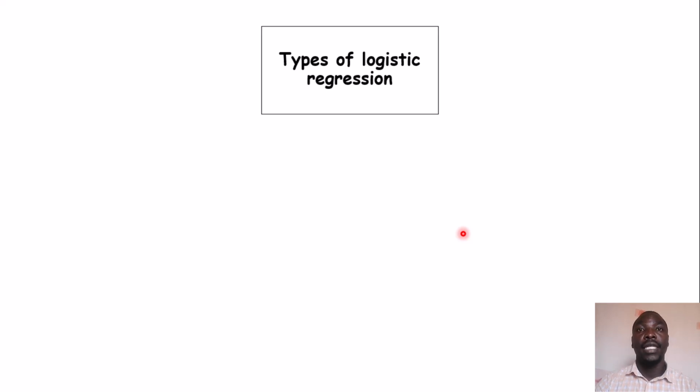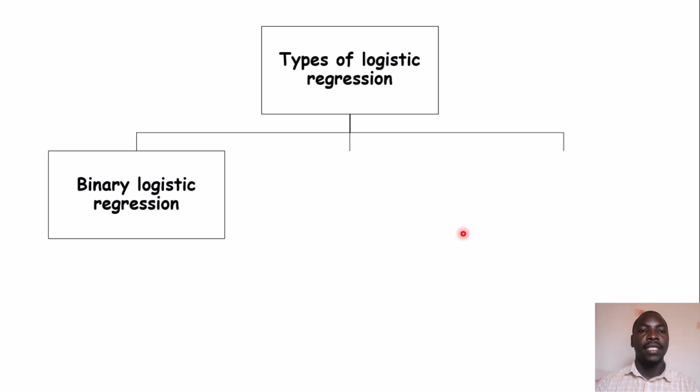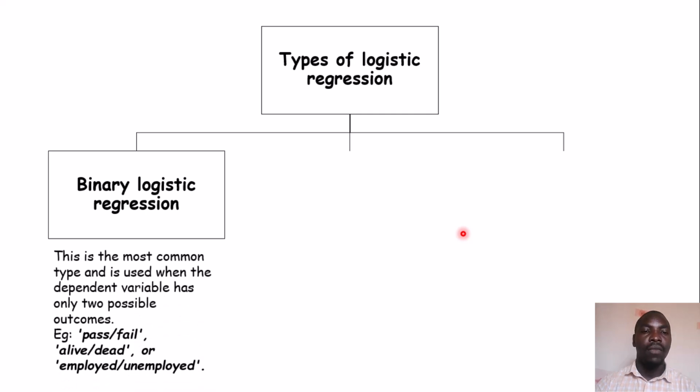So let's look at the different types of logistic regression. There are 3 common types of logistic regressions that you will come across. One of them is binary logistic regression. As the name goes, this is the most common type and is used when the dependent variable has got only 2 groups, hence the name binary logistic regression.